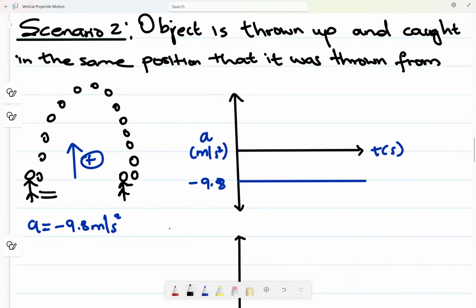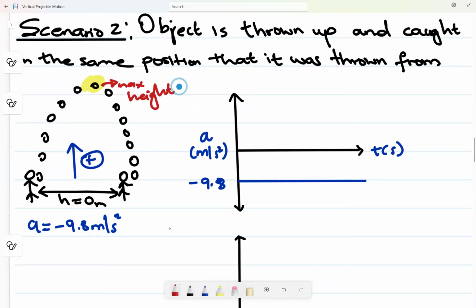So if we take the height that it started at as 0 meters, then it's going to go to this point here. I said that is the maximum height. And remember, what happens at the maximum height? I said the velocity is 0 meters per second at maximum height.